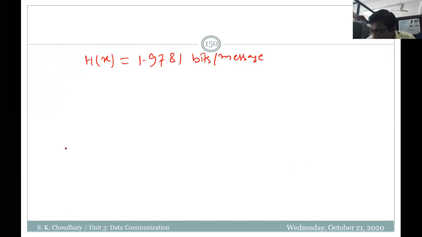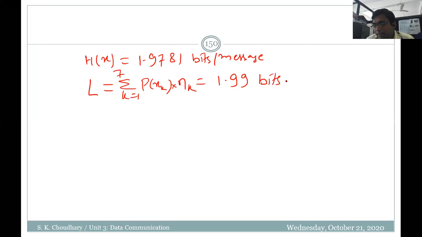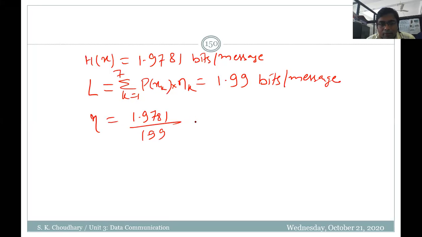Now after that we have to find out L. L could change. So as per the formula of L, you write the value of probability and their code word length, and just do this, you would get the value 1.99 bits per message. And entropy efficiency would now be 1.9781 upon 1.99 into 100, so you would get the efficiency of 99.40%.